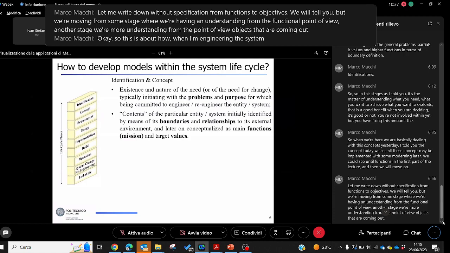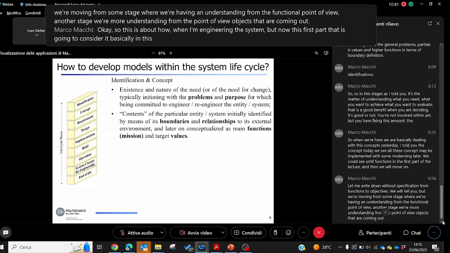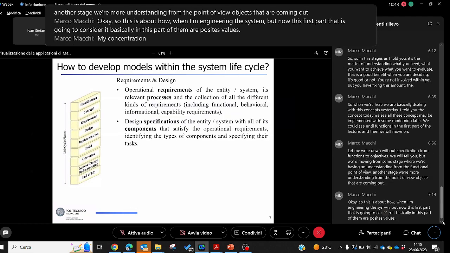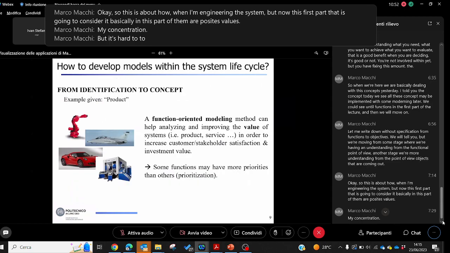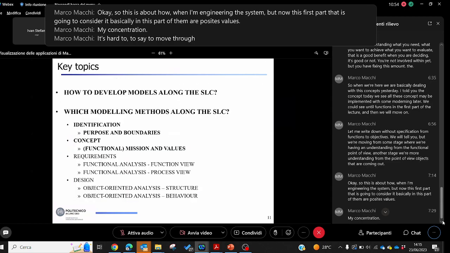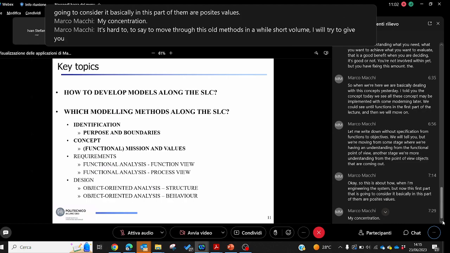But now in this first part, I'm going to concentrate on problem, purposes, values. That's my concentration now. But it's hard to move through all these methods in a short overview. I will try to give you the basic facts of each method.